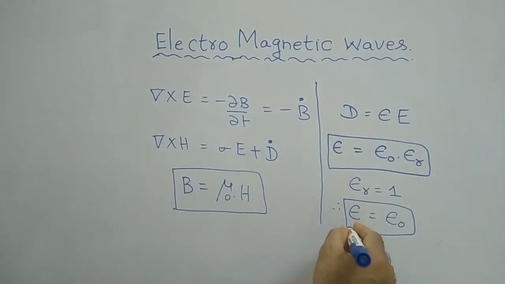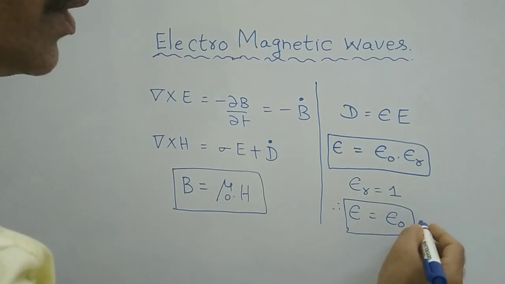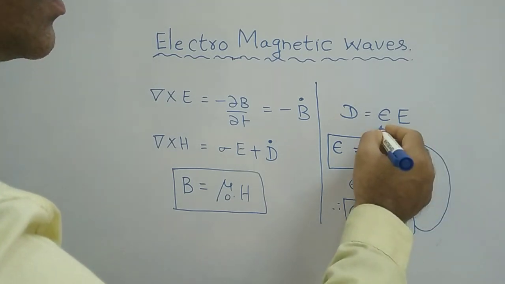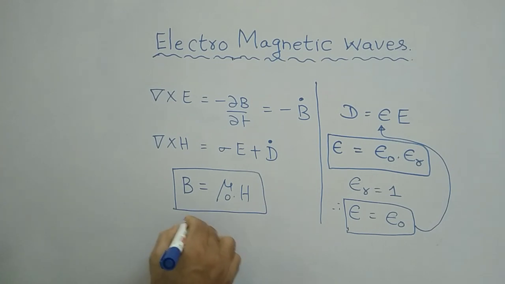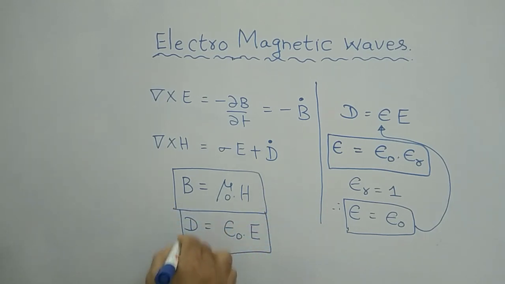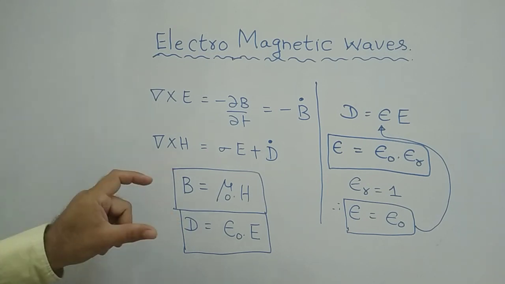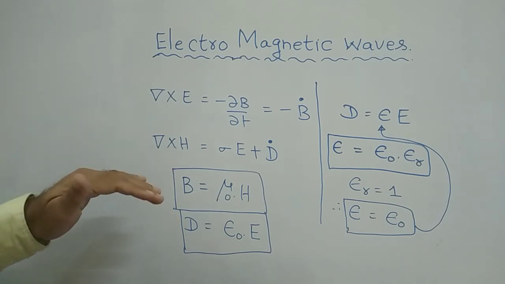Substituting this, D is equal to epsilon naught into capital E. This is the D expression for free space. These are very important relationships while discussing free space.